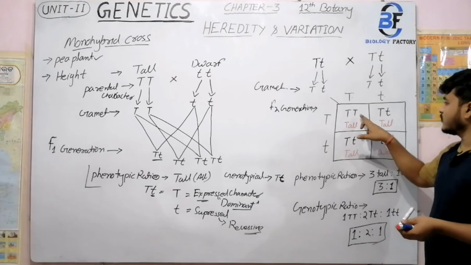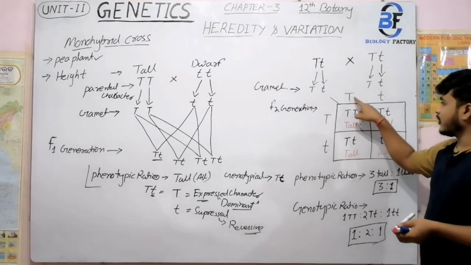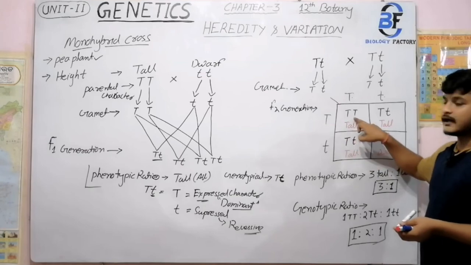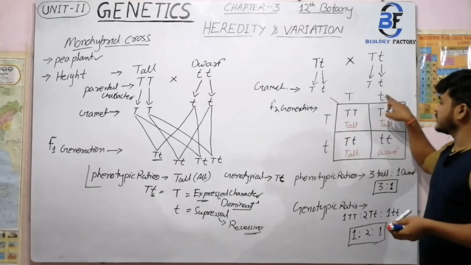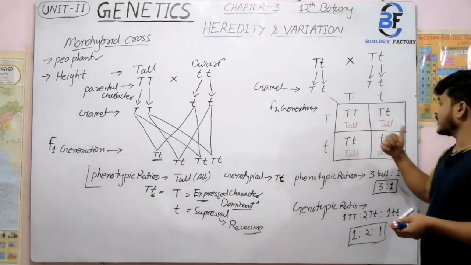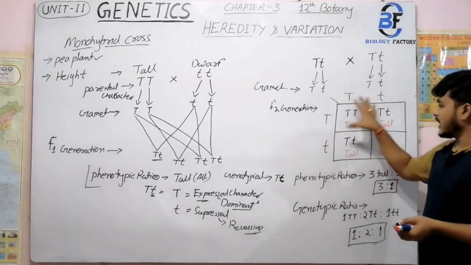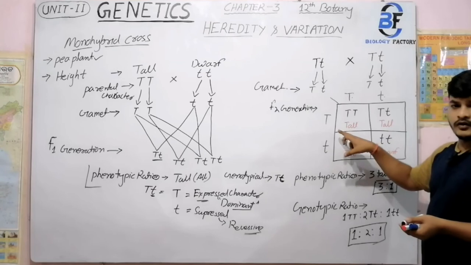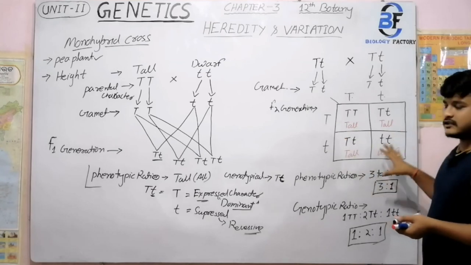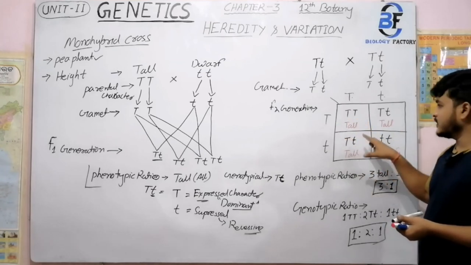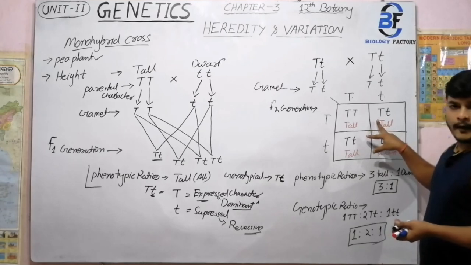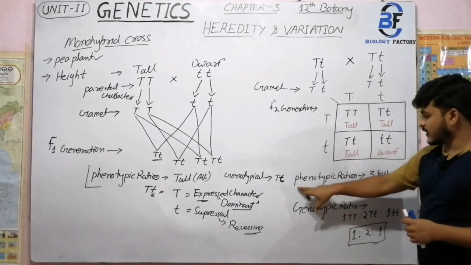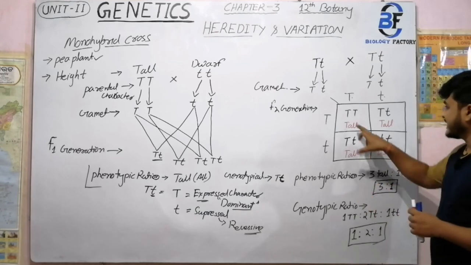In the F2 generation, we first cross the capital T with the capital T and get capital T capital T. Next, the small t with the capital T and we get capital T small t. At the same time, we cross the small t with the capital T, and the resultant is 1 capital T capital T, 2 capital T small t, and one small t small t. So in the phenotypic ratio, we get 3 tall.